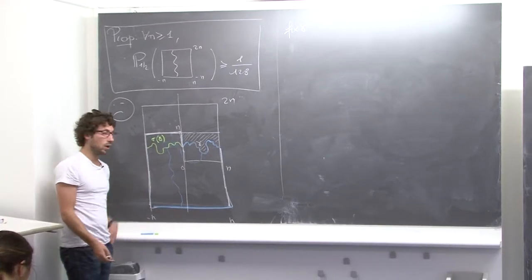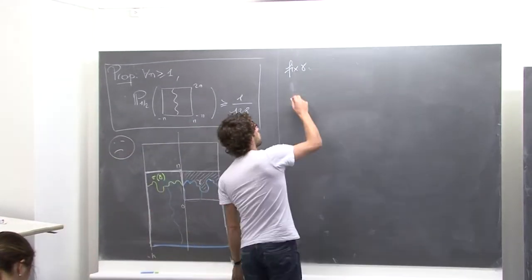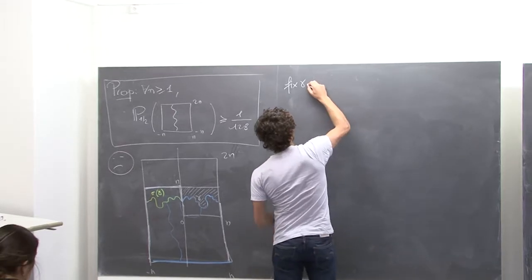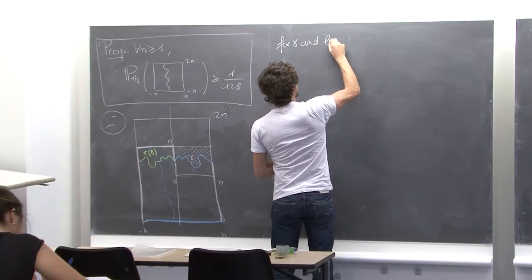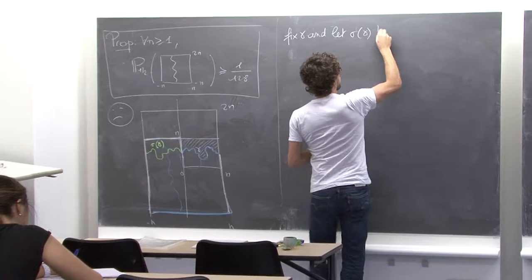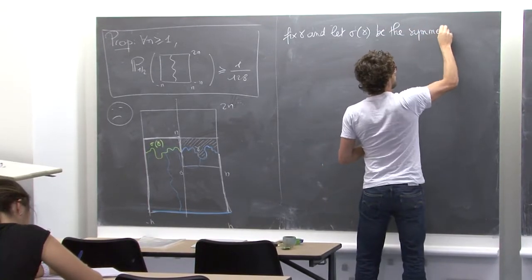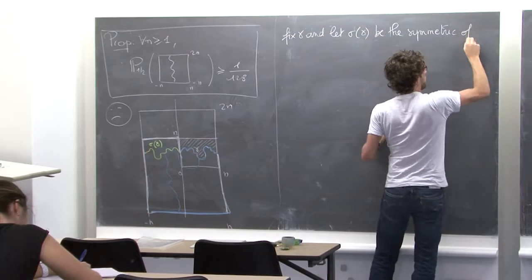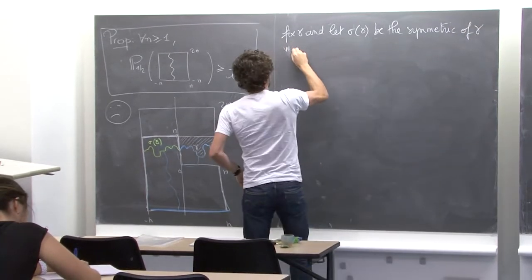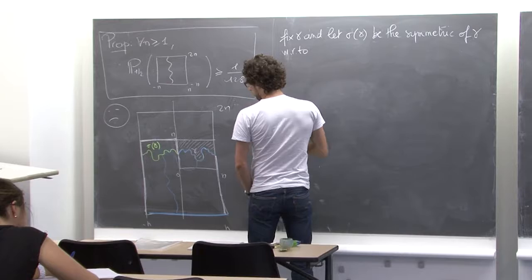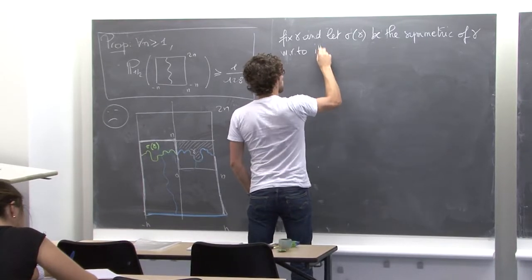Well, the probability to have a path. So let's fix gamma, and let sigma of gamma be the symmetric of gamma with respect to the line ℝ.